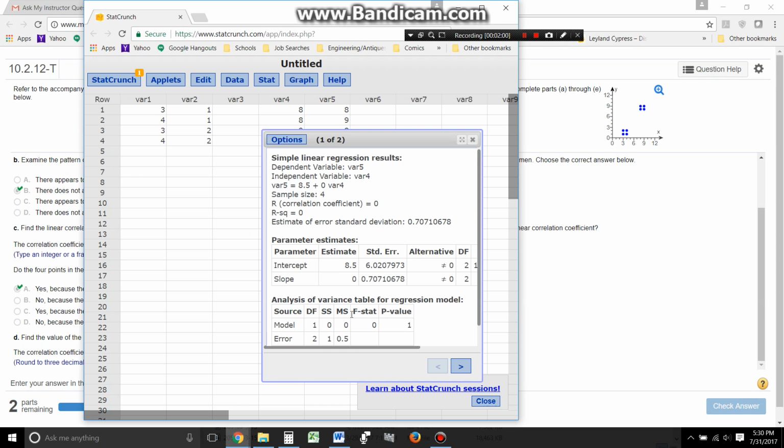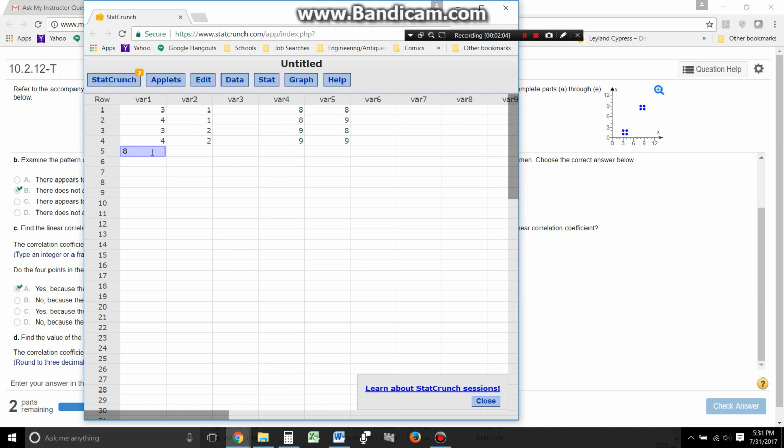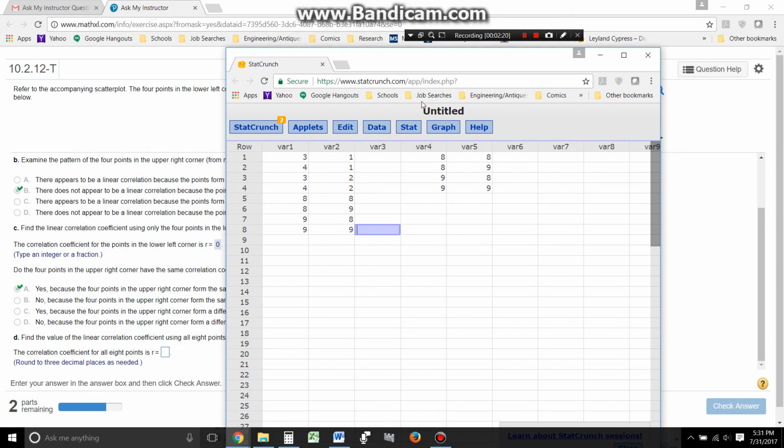So now what I need to do is come over here, and I'm going to add the other points right here. Whoops, excuse me, 9 and 9. And now I'm going to recalculate this again, but with all 8 points.